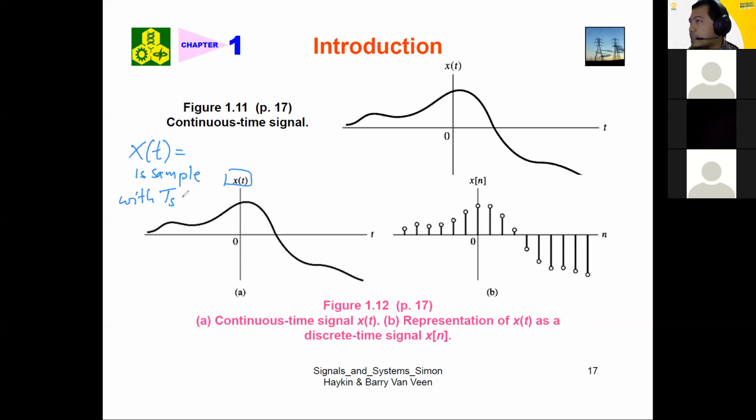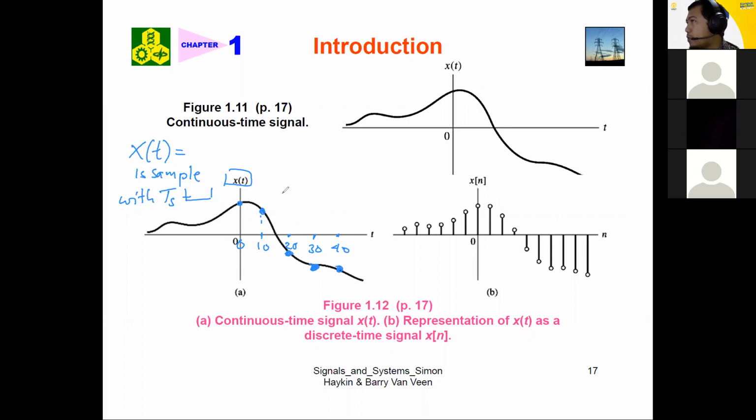T sample means a certain duration at which the signal is taken. For example, every 10 seconds: this is 0, this is 10 second, this is 20 second, 30 second, 40 seconds. In this case, we pick up this value, this point, this point, and this point.